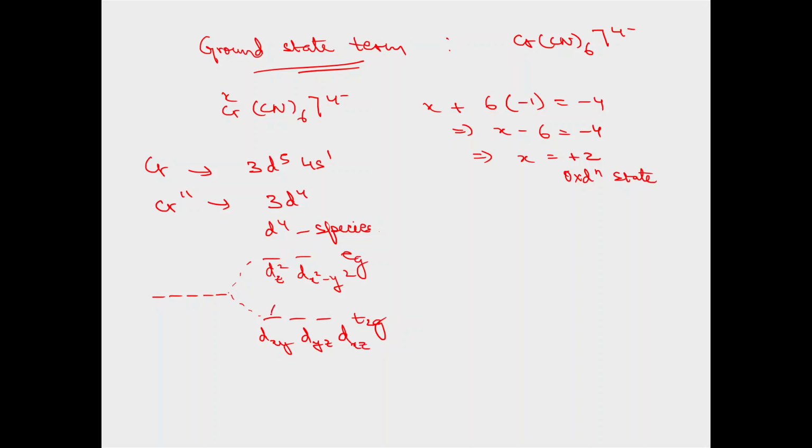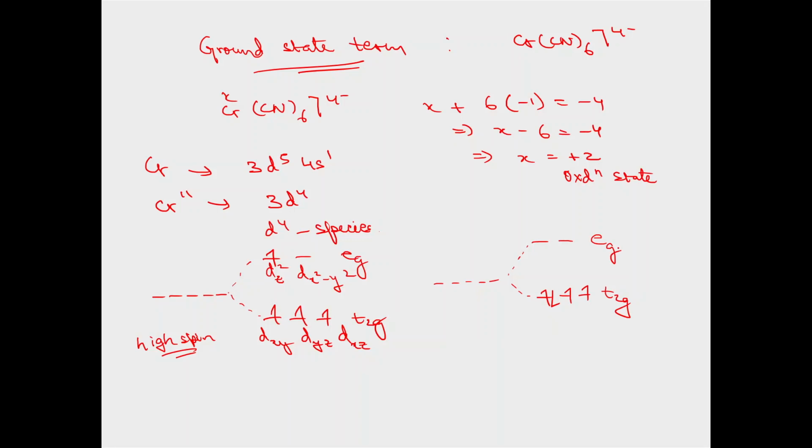So d4 means 1, 2, 3, and 4. This will be the distribution of electrons if [Cr(CN)6]4- is a high spin complex. Whereas if it is a low spin complex, then what will happen? 1, 2, 3, and 4 in T2g and Eg.